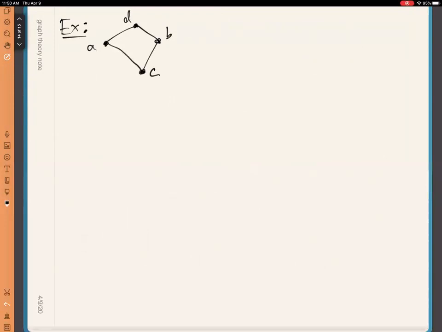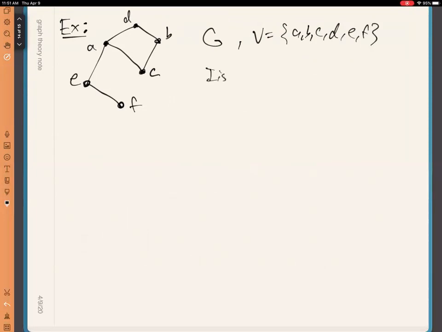This graph is going to have 6 vertices, including E and F. So this is my G. In this case, my vertex set is A, B, C, D, E, and F. And so the question is, is this bipartite?